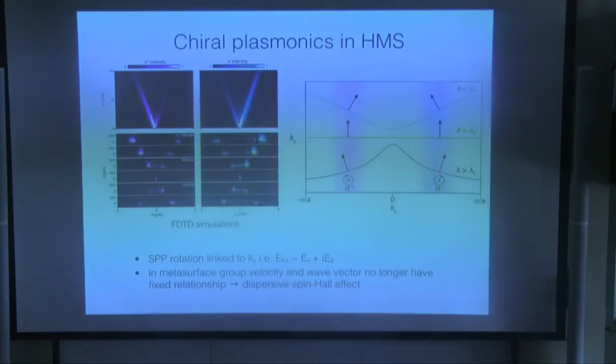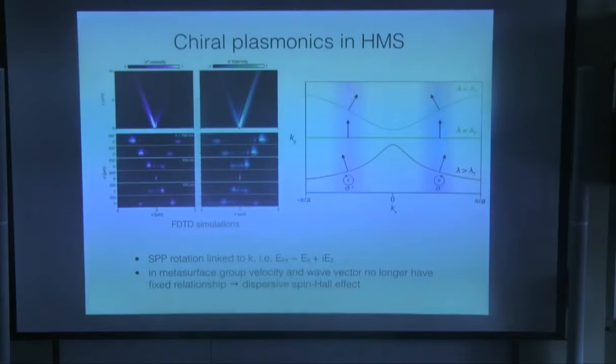But now in our system, the group velocity is effectively unlocked from the phase velocity. So plasmons with similar phase velocity can either propagate to the right or to the left. And this is what leads to this dispersive spin Hall effect.